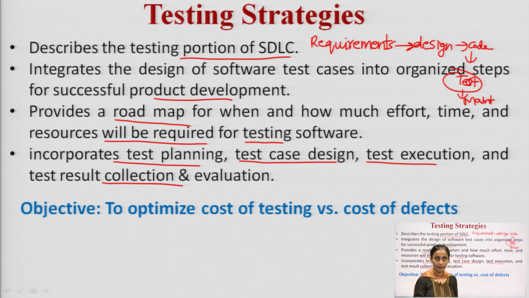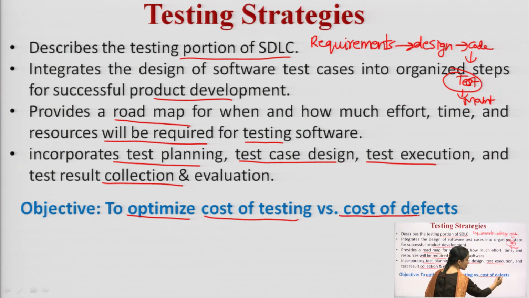So, our objective for doing the testing strategy is to optimize the cost of testing versus the cost of defects. Here I will be aware of all the costs that will be coming, how much time I will be spending in testing, how much effort I will be putting into testing.